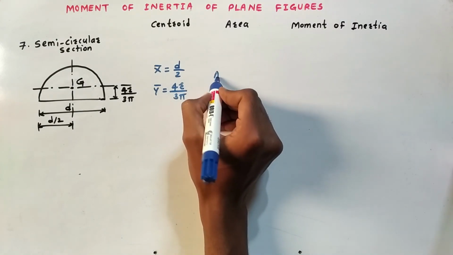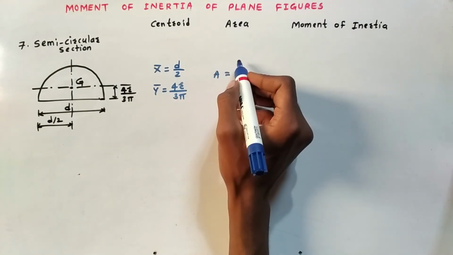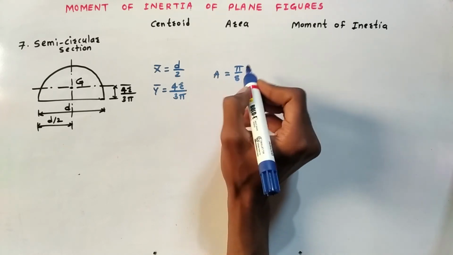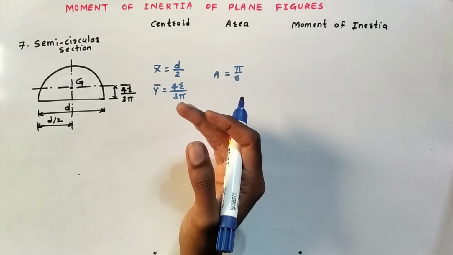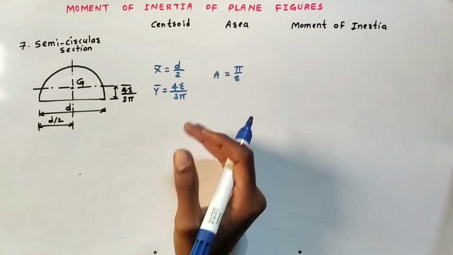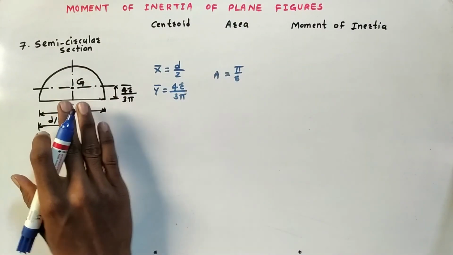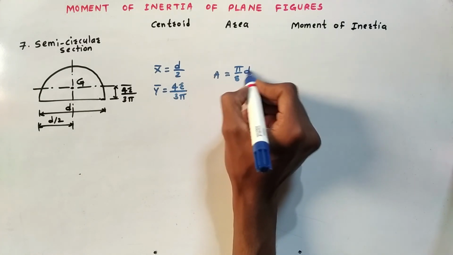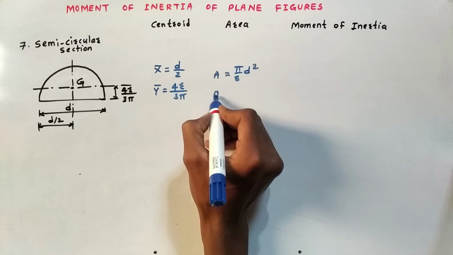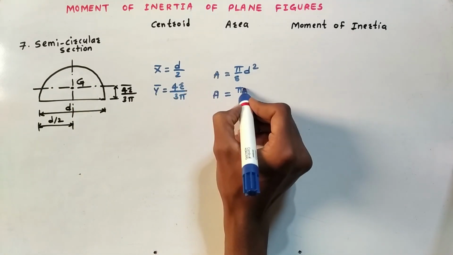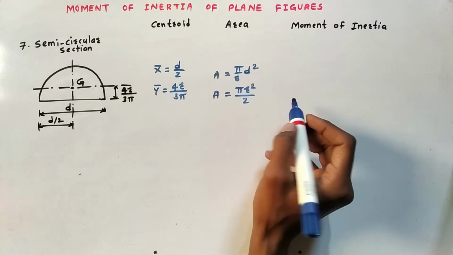Now the area of this hemisphere or half circle is half of the area of the circle, pi by 4 d square. Half of that is the area for the semicircular section, so pi by 8 d square, or the area of a circle is pi r square, so the area of a semisphere is pi r square by 2.